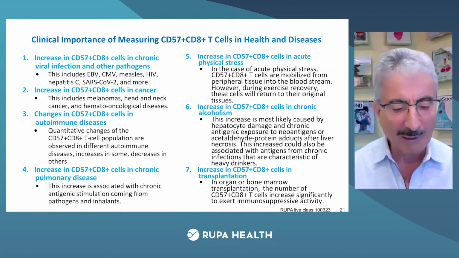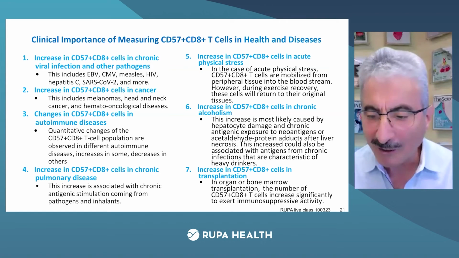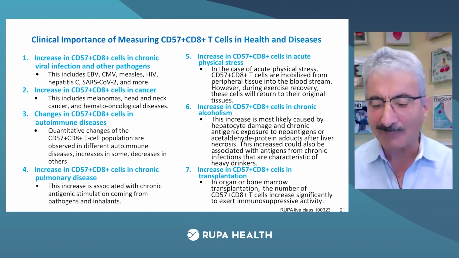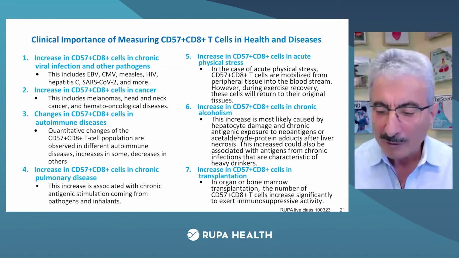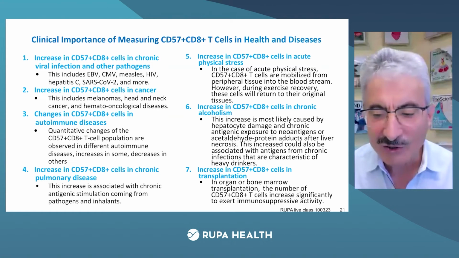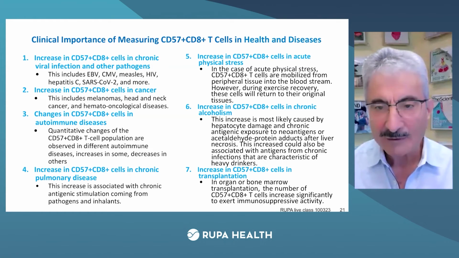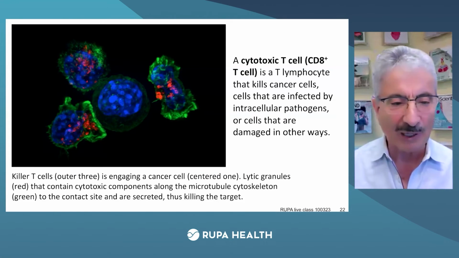In chronic pulmonary diseases, in physical stress, in chronic alcoholism that I explained before, the mechanism of action, finally, in transplantation, the increase in the number of CD57, CD8 positive T cells is in the body in order to increase immunosuppressive activity of the body and prevent rejection of the transplant. So that's why we have to measure all these NK subpopulations.